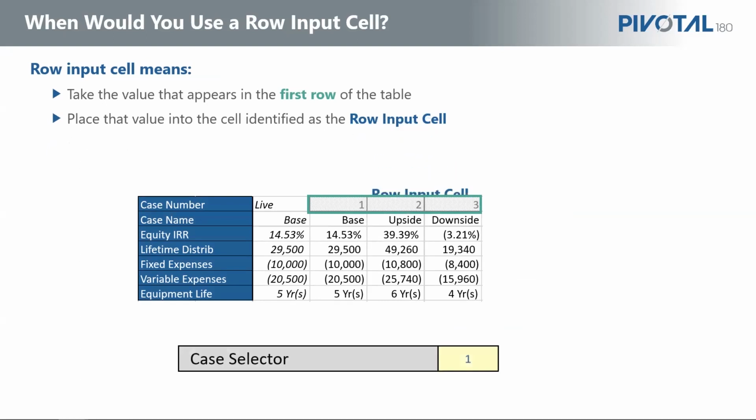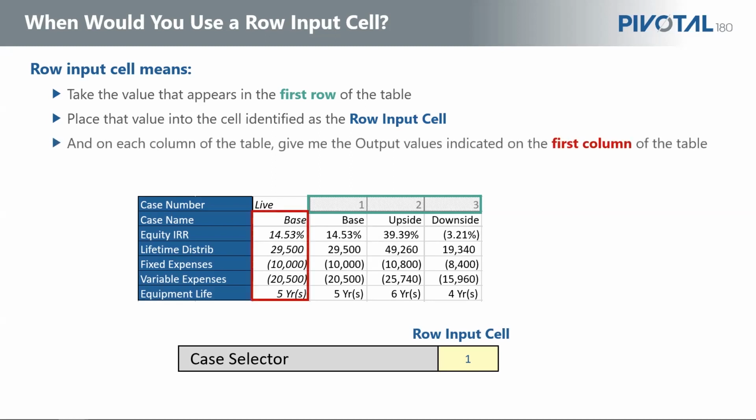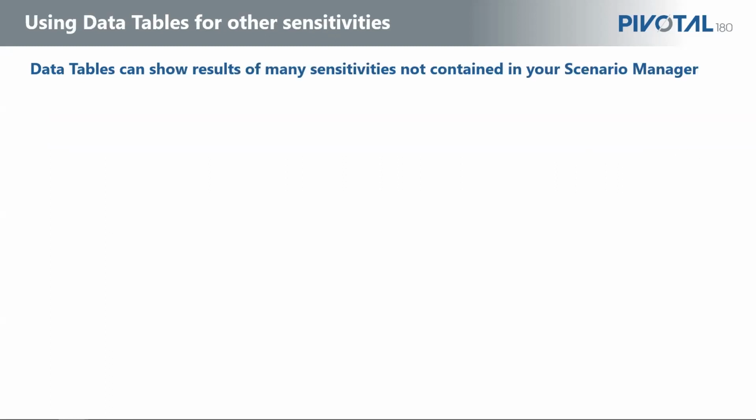And what's our row input cell? Again, it's that magic case selector cell that was in cell C2 of our demo. And what do we want to do? We want to take the output values that were indicated on that first column of the table, the place where we told Excel is the location of this data of interest, and paste those values in each subsequent column associated with the 1, 2, or 3 that appeared in the first row.